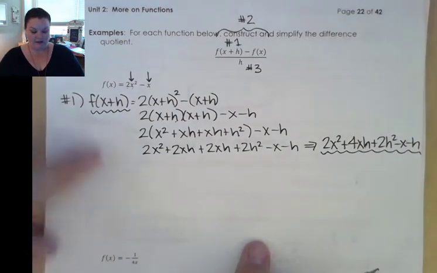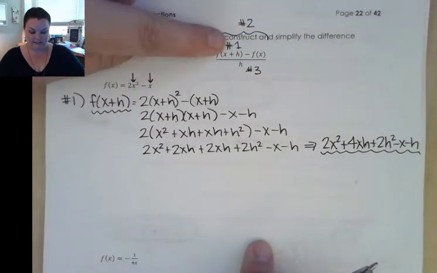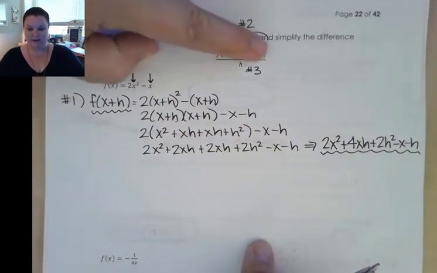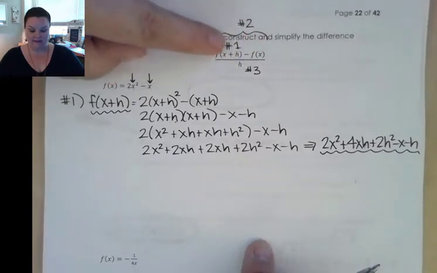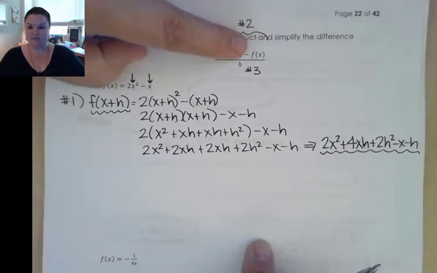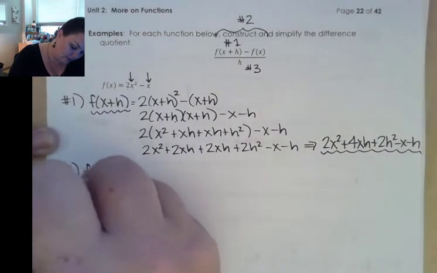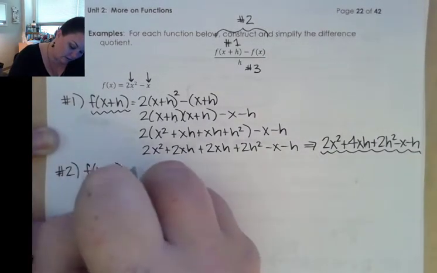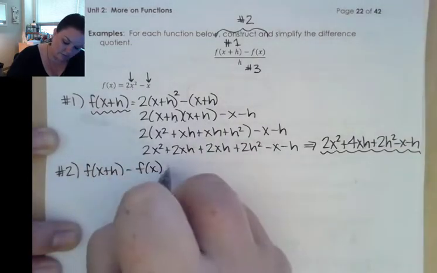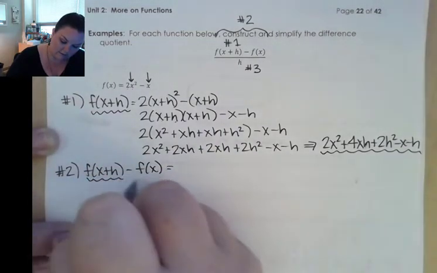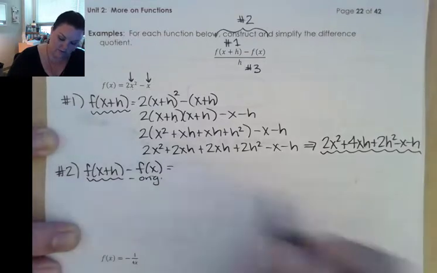Okay? So now that we know what f of ugly is, that was step 1. Now we want to go ahead and simplify the whole top. So we're going to take the ugly answer we got for step 1 and subtract the original. So step 2 is to take our answer from step 1 and subtract the original. Okay? Minus the original.